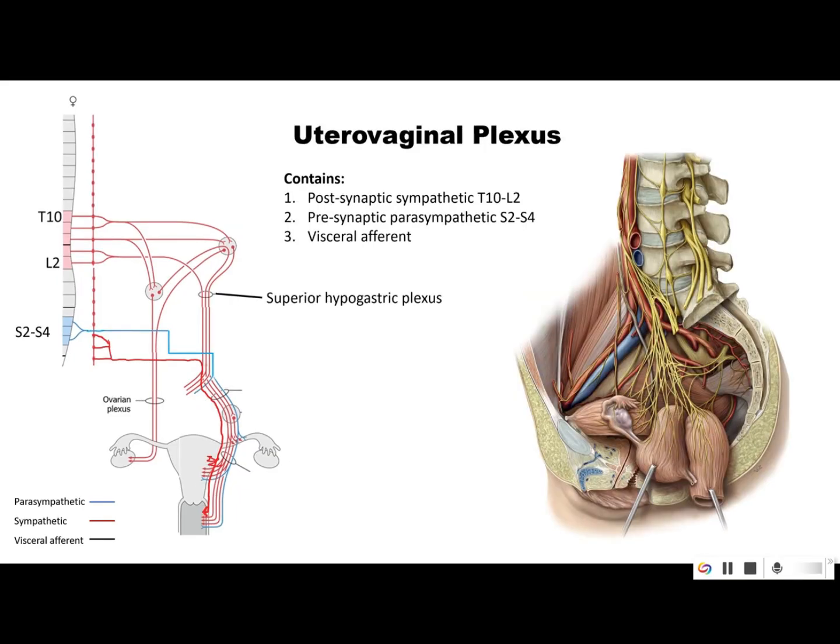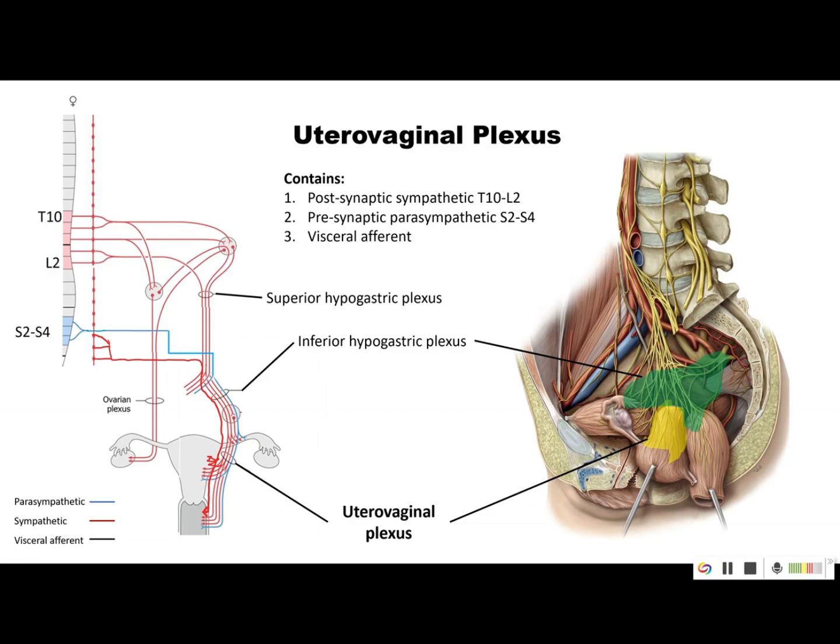The uterovaginal nerve plexus is one of the pelvic plexuses that extends to the pelvic viscera from the inferior hypogastric plexus. Sympathetic innervation originates in the inferior thoracic spinal cord segments and passes through the lumbar splanchnic nerves and the hypogastric plexus.